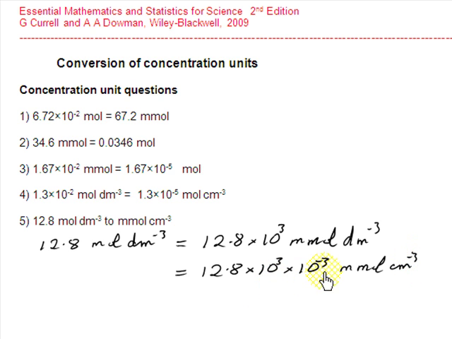Adding up the powers of 10, 3 plus minus 3 is 0, 10 to the power 0 is 1, so this just becomes 12.8 millimoles per centimeter cubed. So 12.8 moles per decimeter cubed is equal to 12.8 millimoles per centimeter cubed. So a mole per decimeter cubed is the same unit size as a millimole per centimeter cubed.